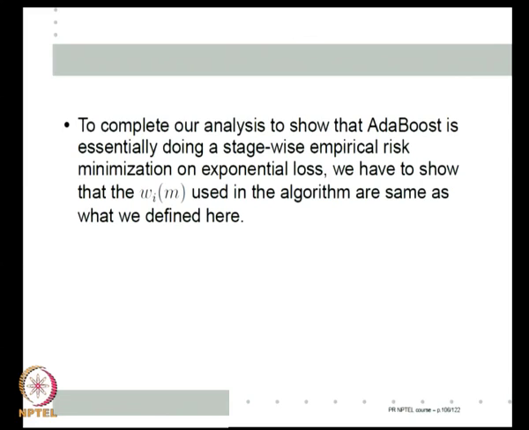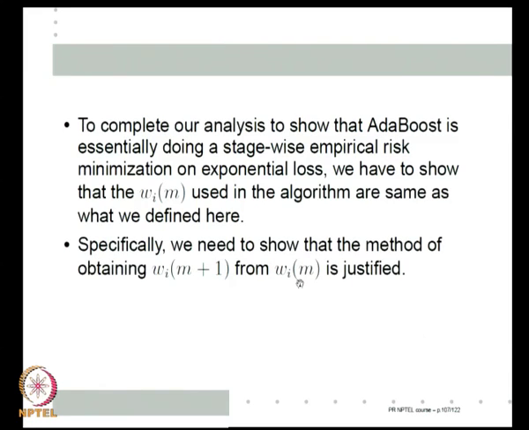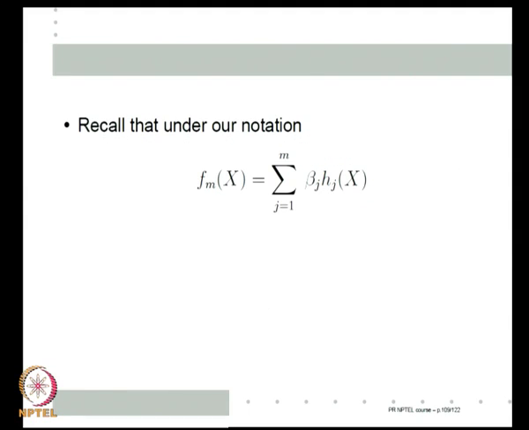So, to complete our analysis, we have to show that the w_i^m are actually the weights used in the algorithm there. Specifically, what do we have to show? Because anyway, at the first stage, F0 is arbitrary, so we can, and because we want to keep weights normalized, it will be 1 by n. So, we only have to show that w^(m+1) follows from w^m as in the algorithm. Okay. This is what we do next.